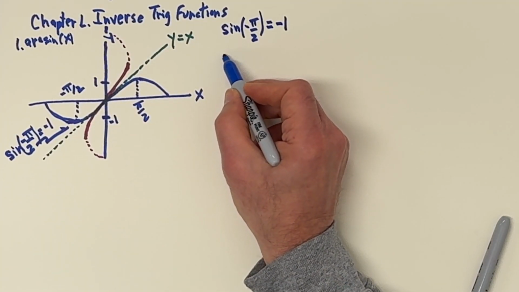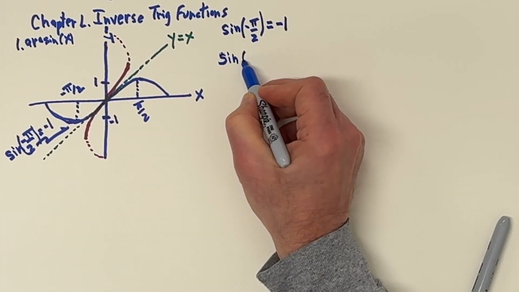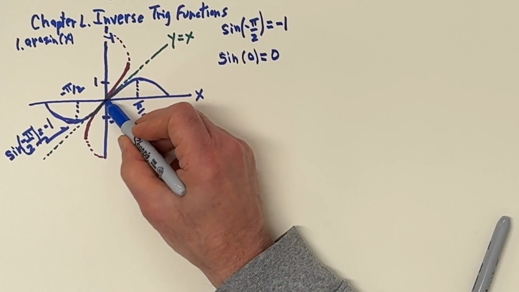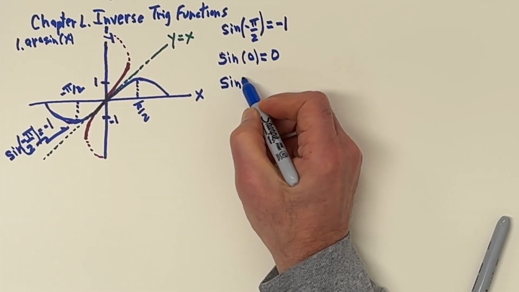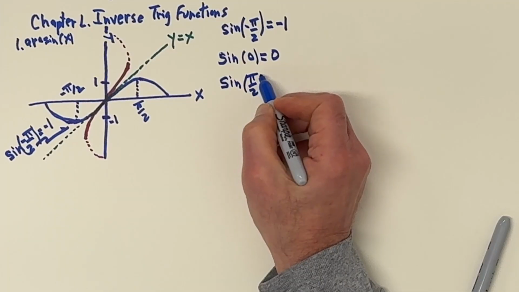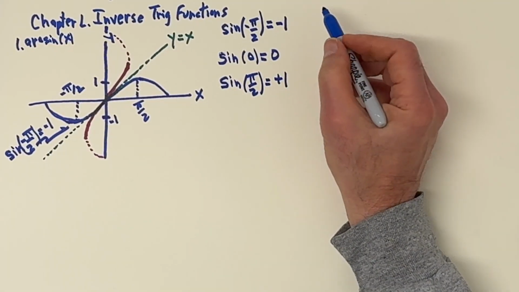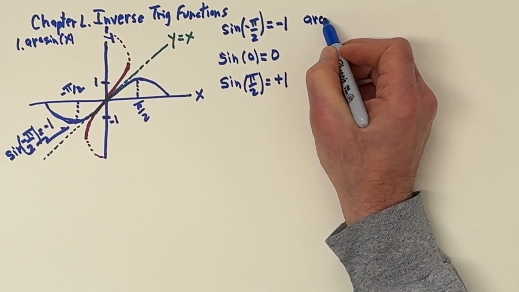And let's pick here the sine. Let's go ahead and take the sine of 0. That'll be equal to 0. And then the sine of pi over 2 is a +1. But now for the arc sine, if we have the inverse, we're going the other way.